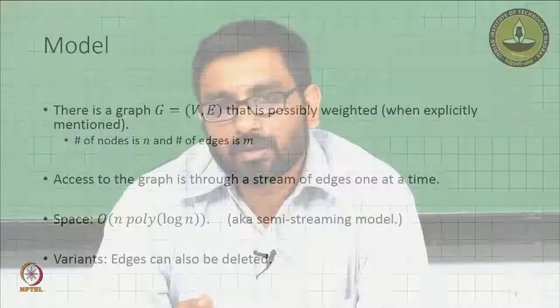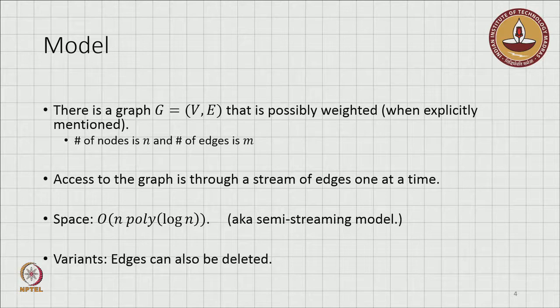For most of this lecture, we're going to assume that the graph is unweighted, but when weights are relevant, we will mention them. Now, this graph is not directly accessible to us, but rather the access to the graph is only through a stream of edges, one at a time.